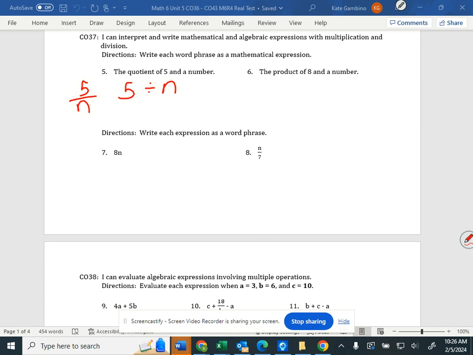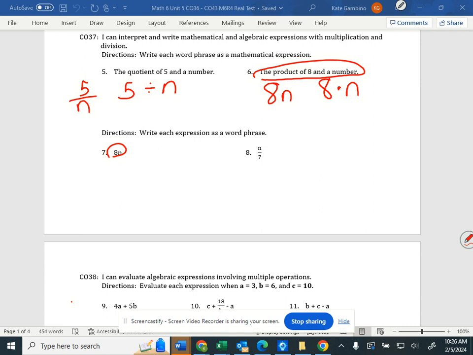So the order matters. Product of 8 and a number, you could say 8n, 8 times n. Now down here, oh look at that, we have 8n, and here we have the product of 8 and a number. You could have written the same thing.